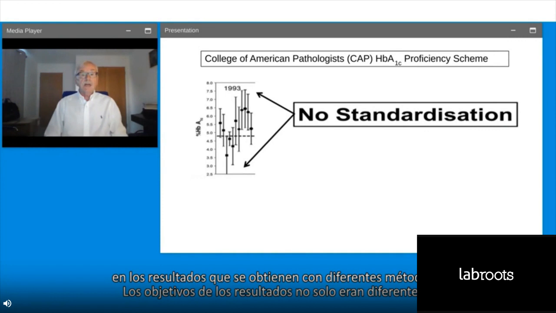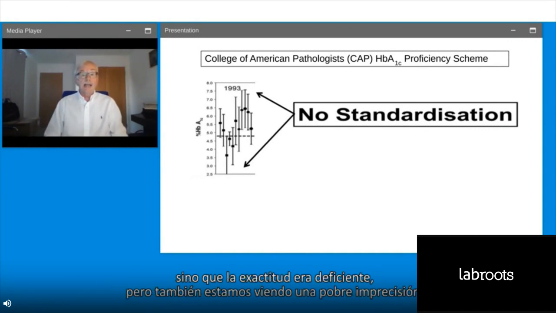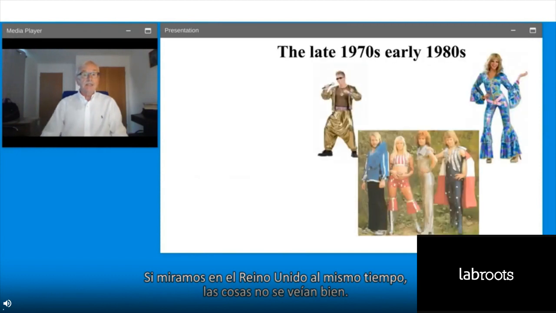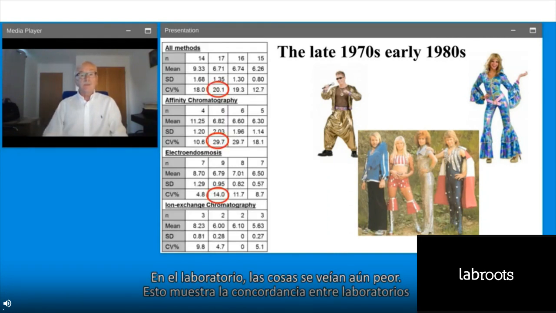Not only were the results targets being different and poor accuracy, but we're also seeing poor imprecision. If you look in the UK at the same time, things didn't look good. In the laboratory, things look even worse.